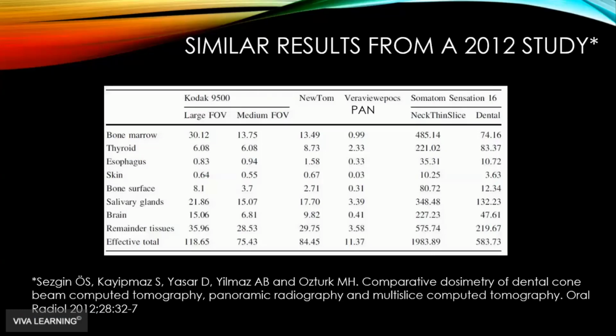Here's another one, and basically this is the bottom line here. This was a Kodak 9500, and you can see the large field of view was 120. That's the one on the left here. And even compared to the dental CBCT on the right there, which is about 600, it's still significantly less.